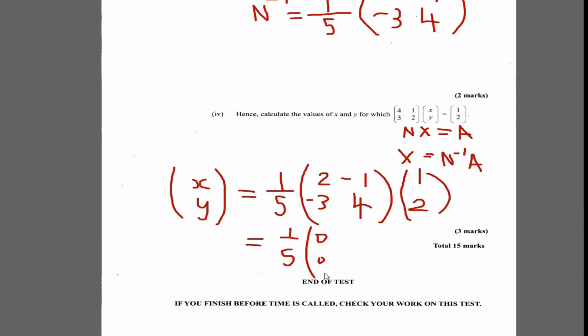So this right here is 0, 5. All right, 1/5 of 0, 5 is 0, 1. So what does that mean? That means that x equals 0 and y equals 1. Nice and easy. And that takes care of this paper.